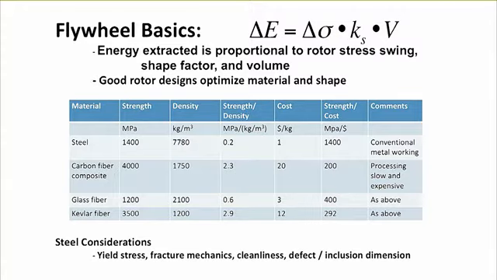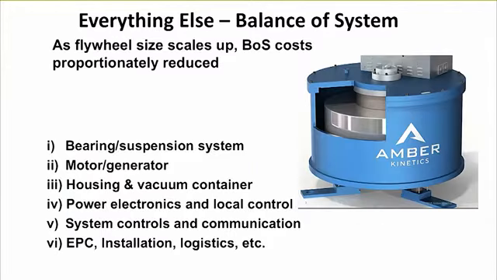Maybe I quickly show you the box again to see what's inside. This is a rendering, but in fact, if I were to take one of the company's units and take a saw and cut open the shell, it looks exactly like that. What you're looking at is a steel rotor, and on top of that is a magnet that supports the steel rotor. So that's the very basic stuff there.